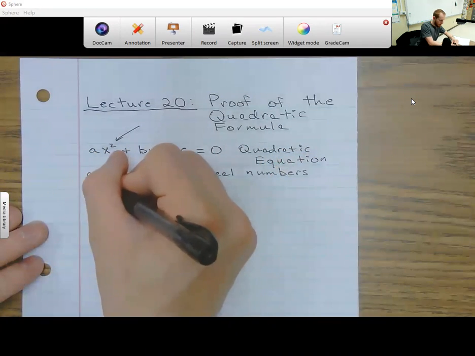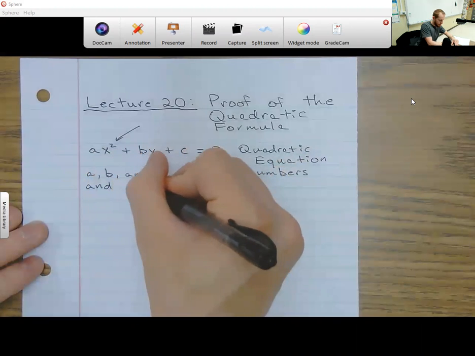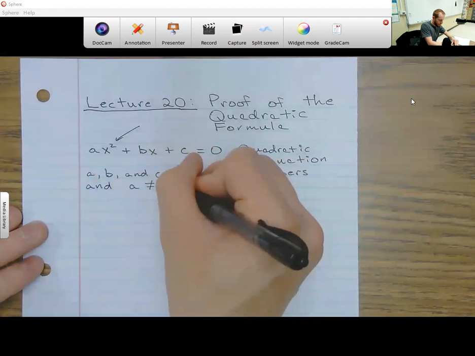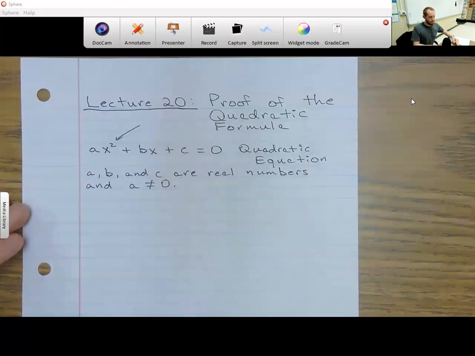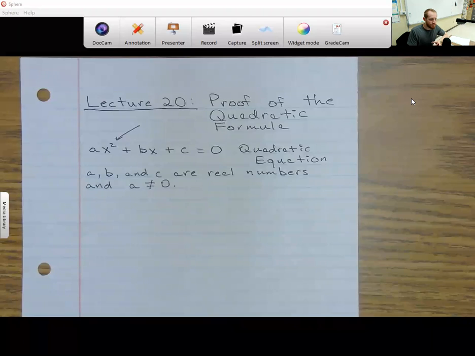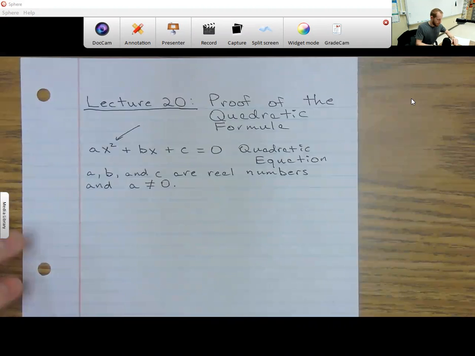And a cannot be equal to 0. Okay? So a cannot be 0, but that doesn't mean that b can't be 0 or c can't be 0. Those can be 0, but it's just that a cannot be 0. Okay?